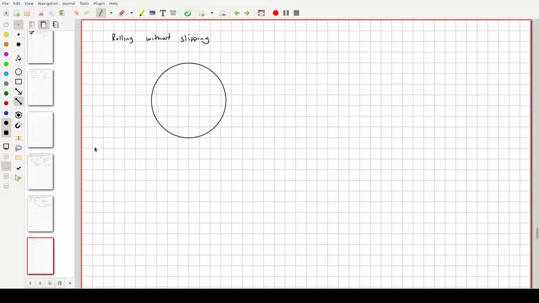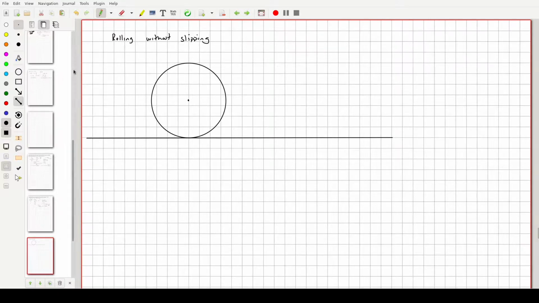So, sort of draw it like this. There we go. So here's the center of our wheel right here. And what I'm going to do is to sort of draw a coordinate system centered there.